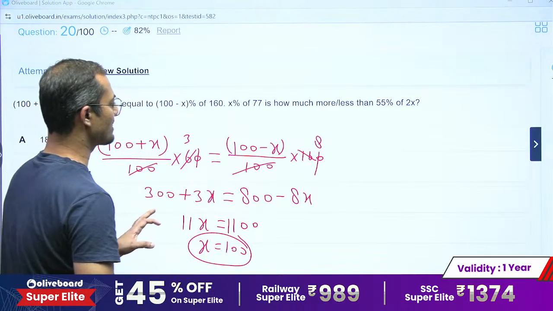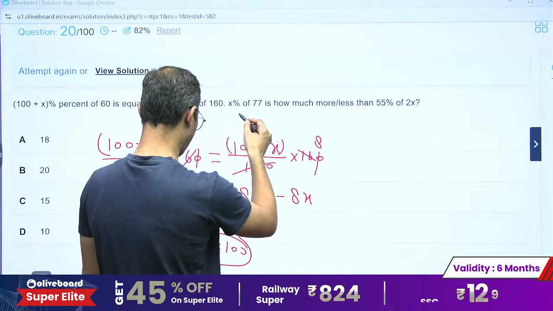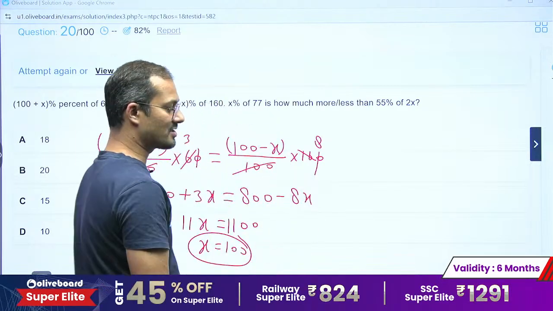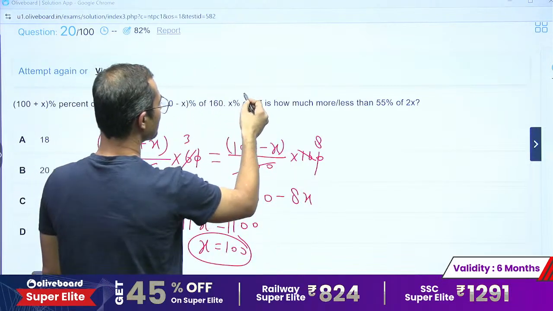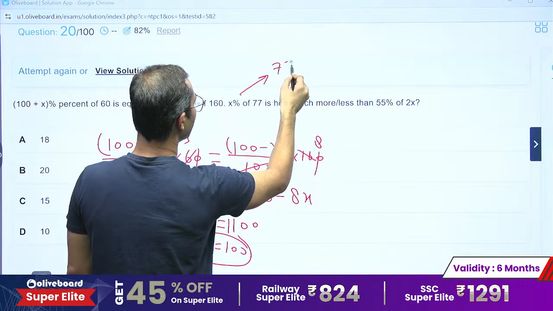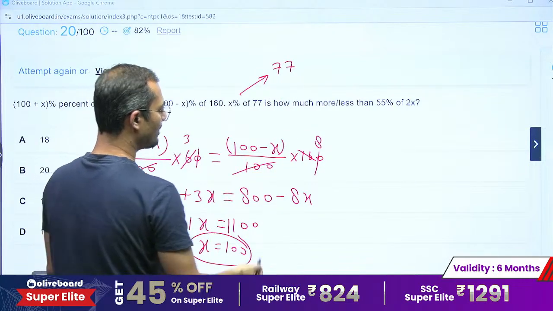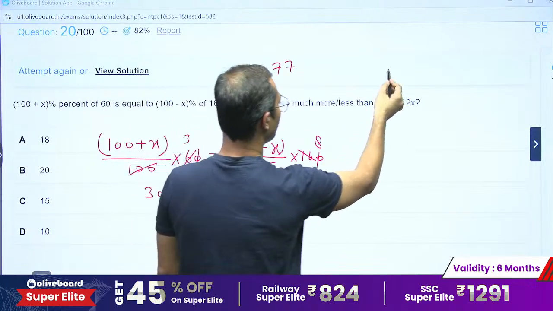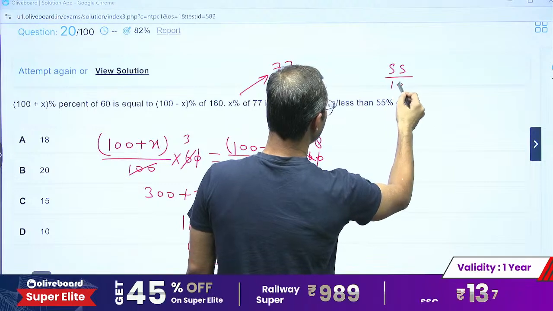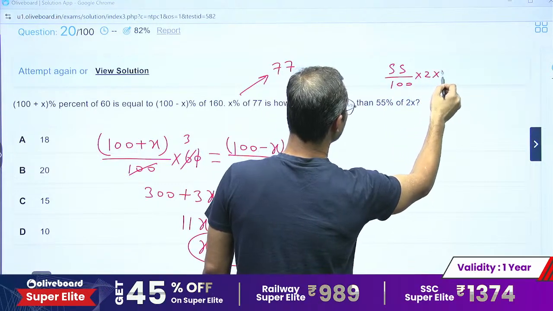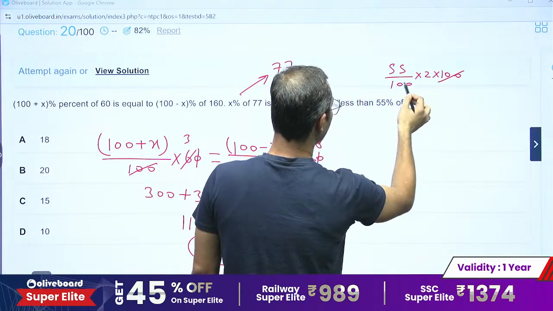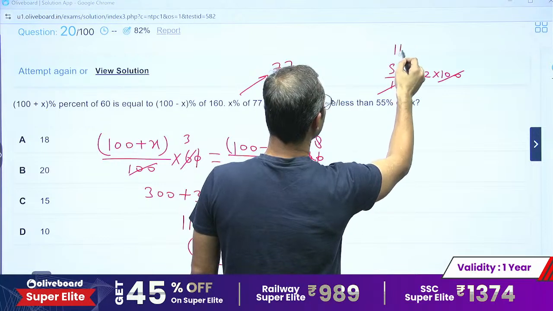Now the question is asking x percent of 77. x percent means 100%. See, 100% of 77 means 77, no problem. And 55% of 2x. See, 55% of 2x, 2 into 100, right? So 100 cancel. So here we will get 110.